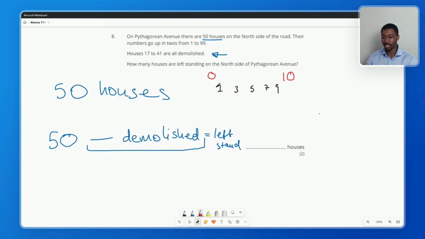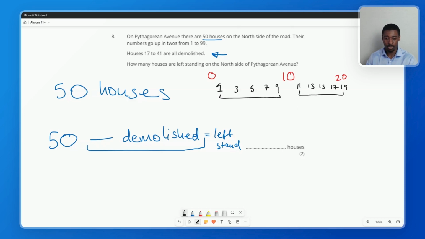Between 10 and 20, same thing: 11, 13, 15, 17, 19.